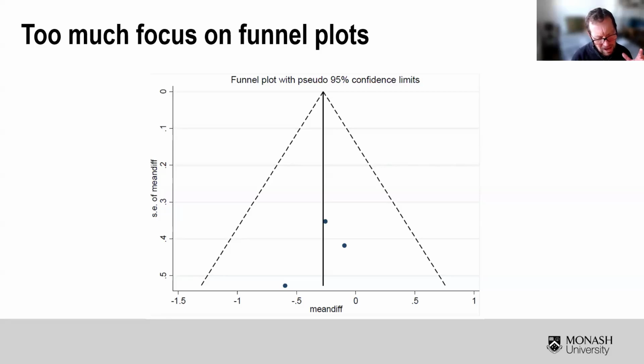And I think it's fair to say that two problems arose from this. Firstly, funnel plot asymmetry, the proposed diagnostic for the presence of non-reporting biases, became equated with publication bias, and there was too little focus on other potential reasons for funnel plot asymmetry.